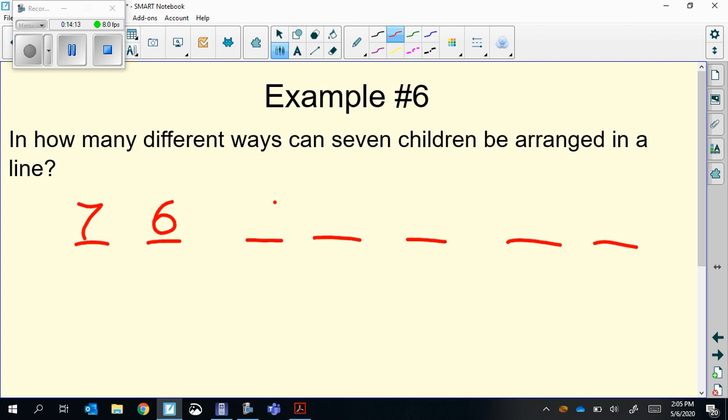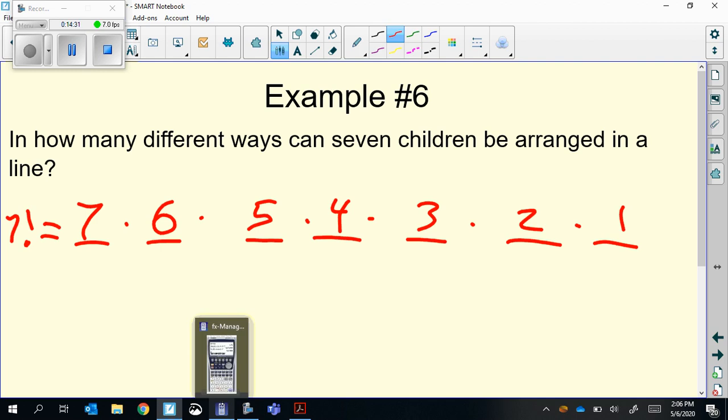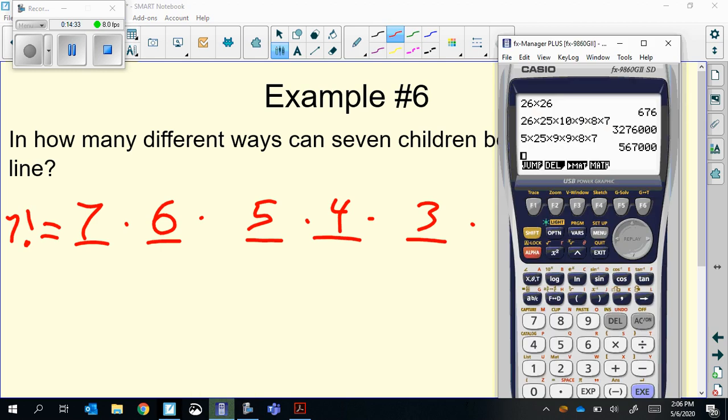Times 5, times 4, times 3, times 2, times 1. Now if you look, since we're using all 7, unlike that book example we did earlier, it counts from 7 all the way down to 1. That's 7 factorial by definition. That's what factorial means.